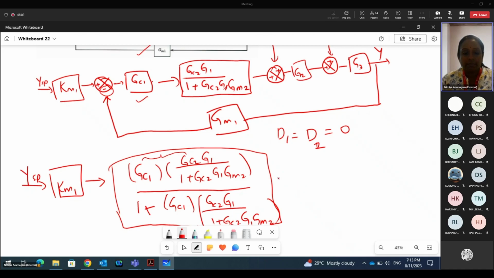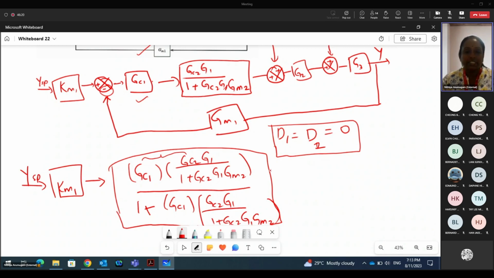Now, the disturbance is made equal to 0 because we want to solve the servo problem, right?